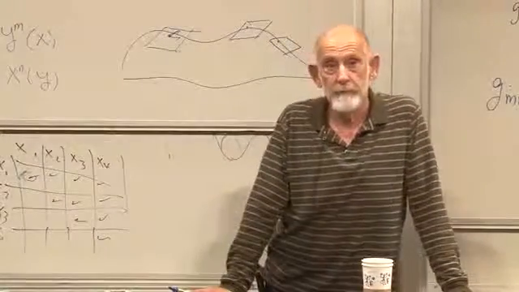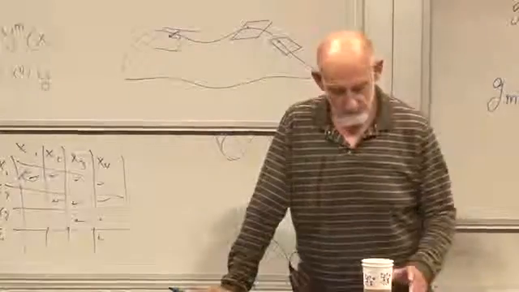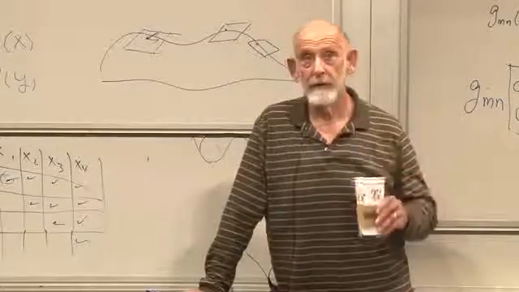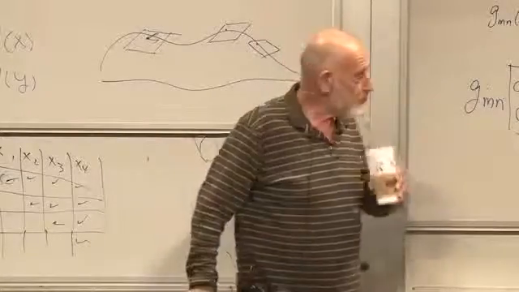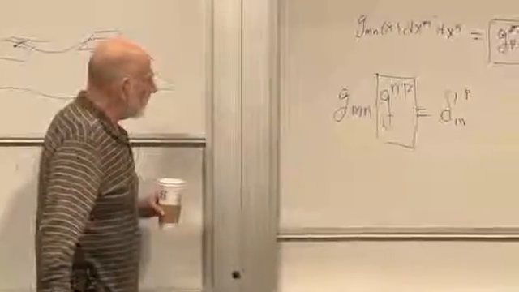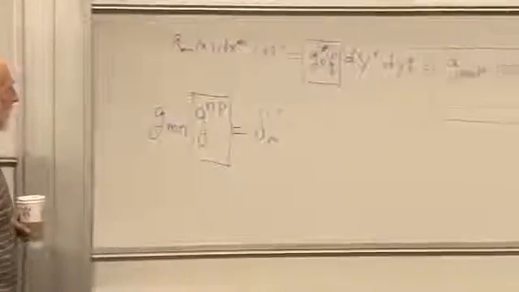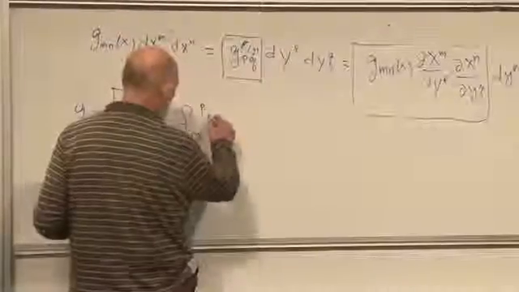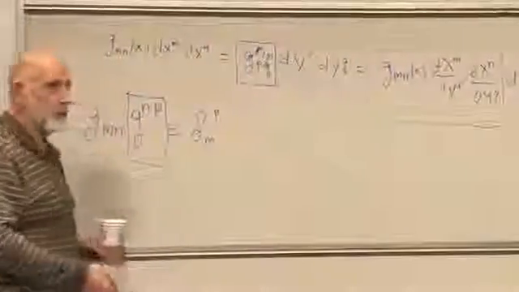Question? Yeah. Louder. Can't hear you. I'm sorry. The last equation you had there can only be the identity matrix if m equals p. Does it still make sense if m is not equal to p? No. This is a symbol which is 0 if m does not equal p, and 1 if m does equal p.